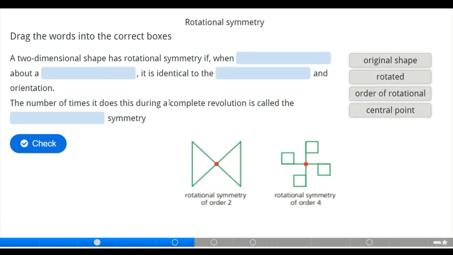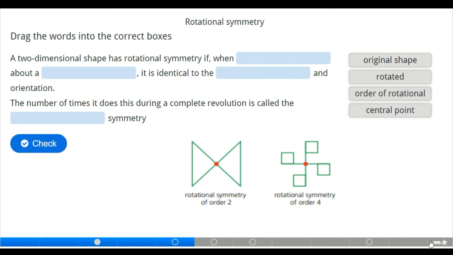Okay, now we're talking about rotational symmetry. A two-dimensional shape has rotational symmetry when, if rotated about a central point, it is identical to the original shape and orientation.